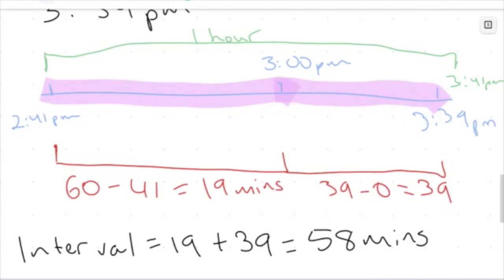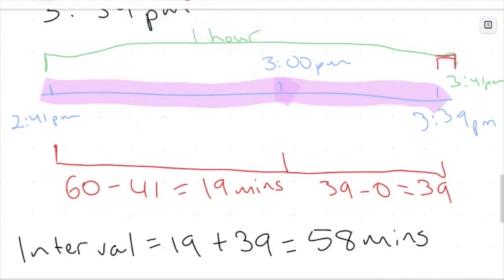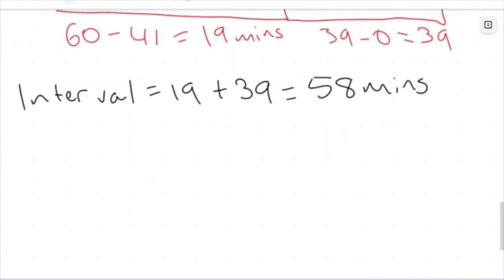Do we agree? 2:41 to 3:41, and exactly 1 hour has passed. And now to get back to 3:39, well, we just want to subtract 2 minutes, because we haven't taken the full hour to get there. We've taken 2 minutes less than that. So we could have also done 1 hour or 60 minutes minus 2 minutes, which would have given us the exact same answer, 58 minutes.